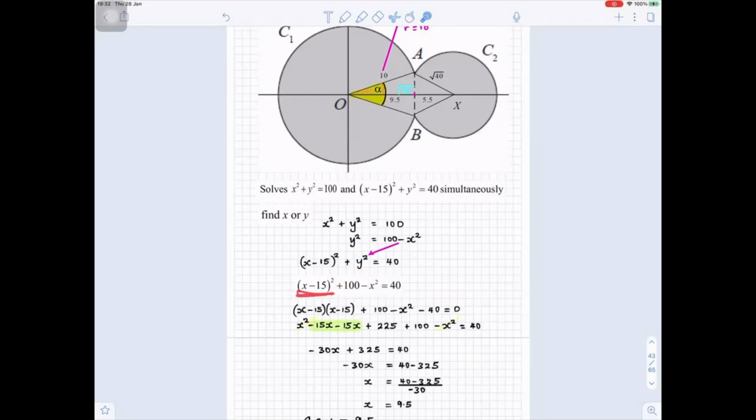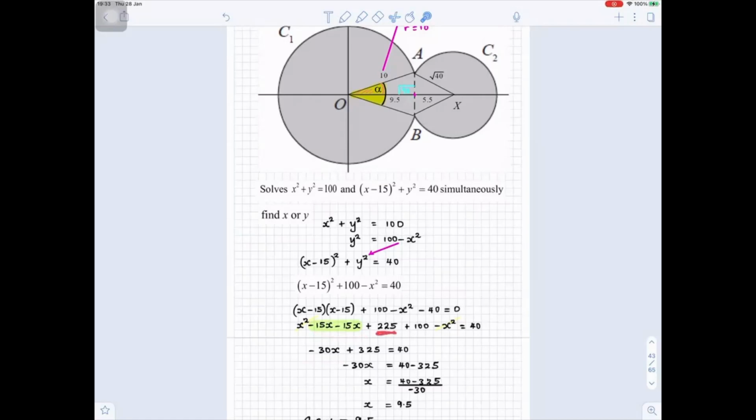We expand x minus 15 squared. That will give us x squared minus 15x minus 15x plus 225 plus the 100 minus x squared equals 40. The x squared minus the x squared gives us 0. Minus 15x minus 15x will give us minus 30x.